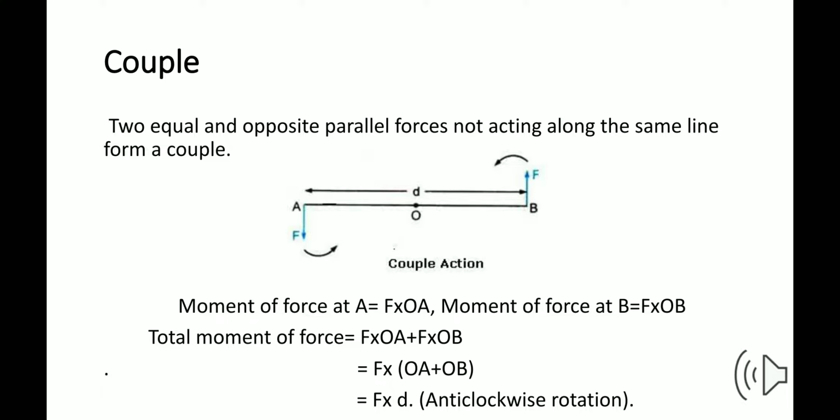So it creates a couple of forces. The force of reaction is equal in magnitude and opposite in direction, so this forms the couple. The moment of force of reaction about a fixed point is 0 because the distance from the axis of rotation is 0.